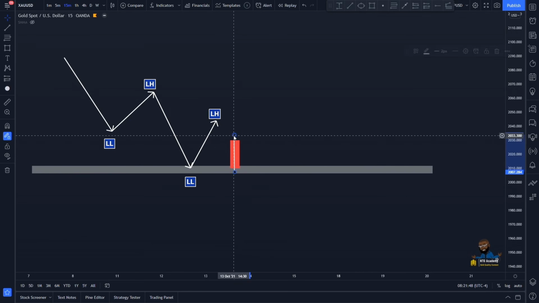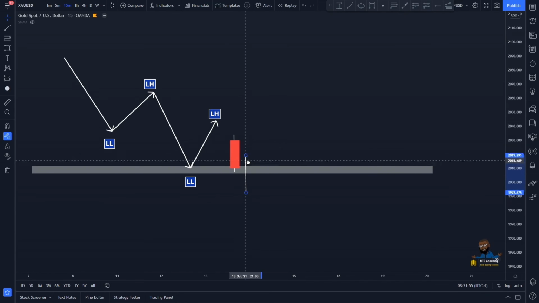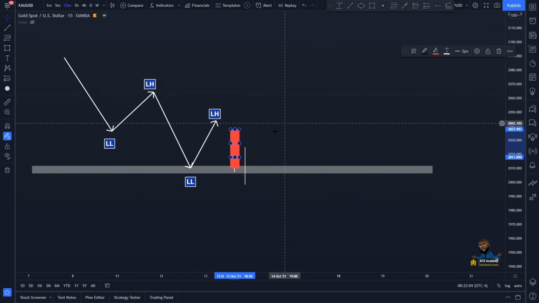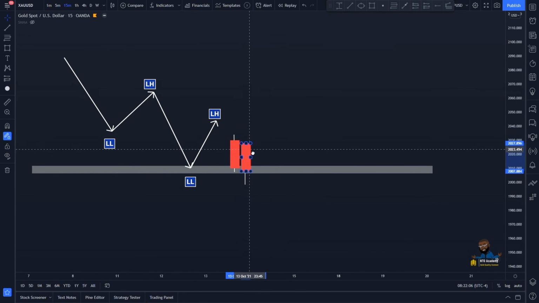Normally what happens is the market tests that support, right? It will show some sort of signs of support right there. So let's go ahead and clone that. So it's going to show some signs of support, right? So it's going to be blue.